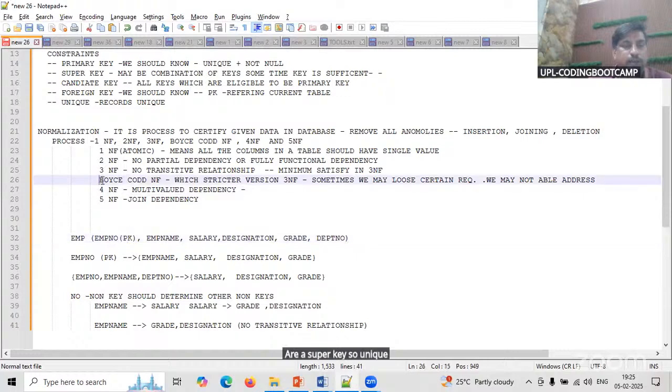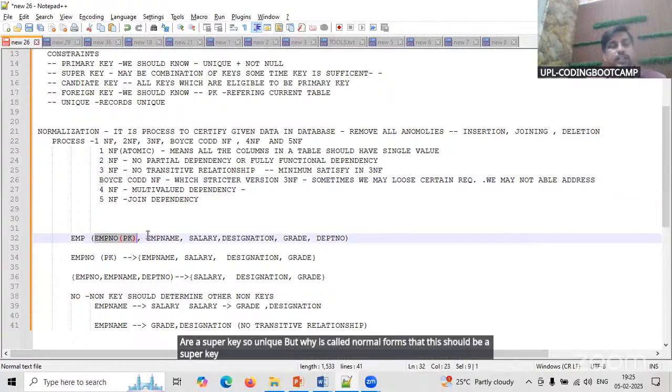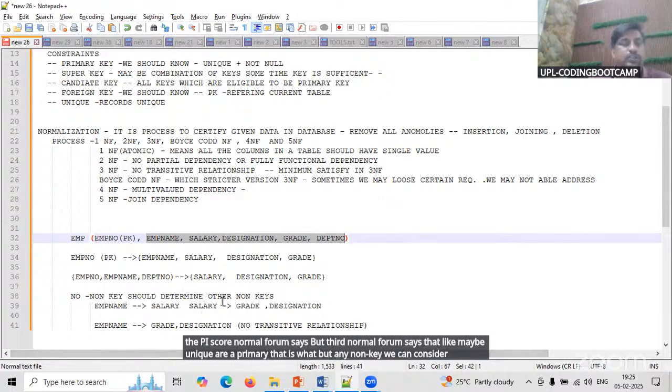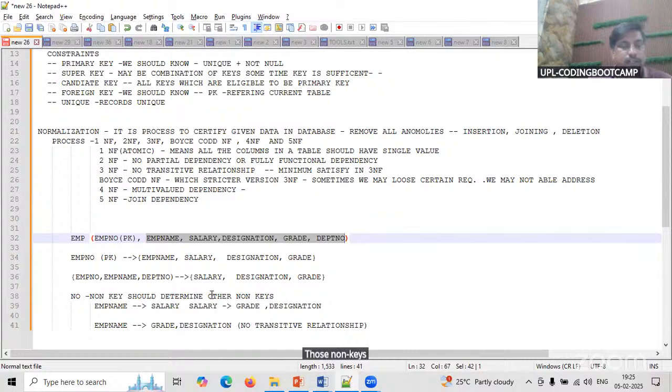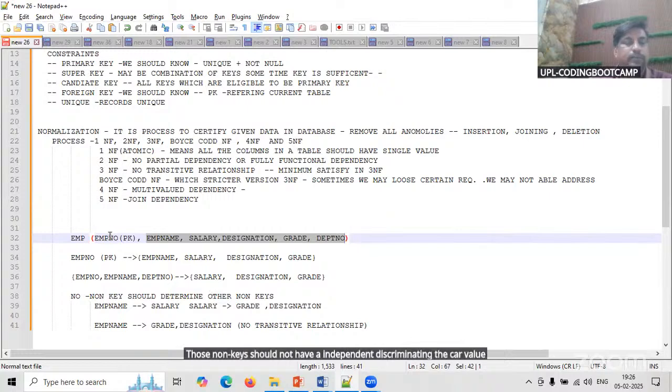But Boyce-Codd normal form says this should be a super key, and the others are non-keys. Third normal form says that any non-key should not have an independent discriminating value; rather, it should completely depend upon the primary key.